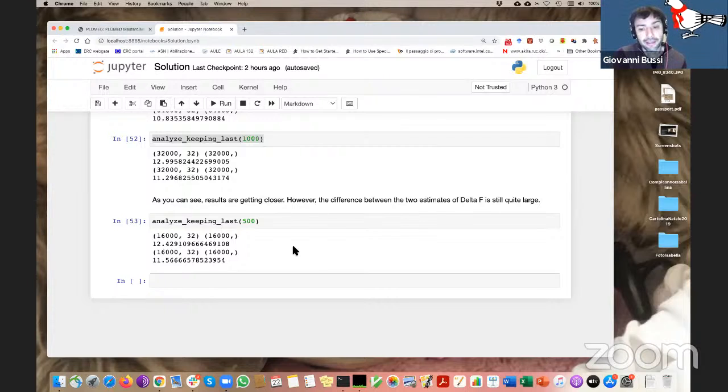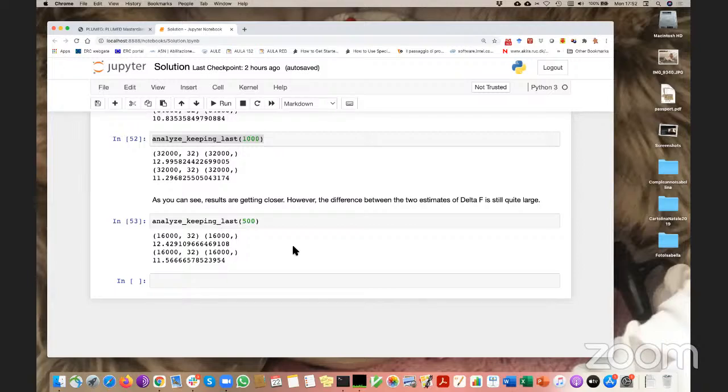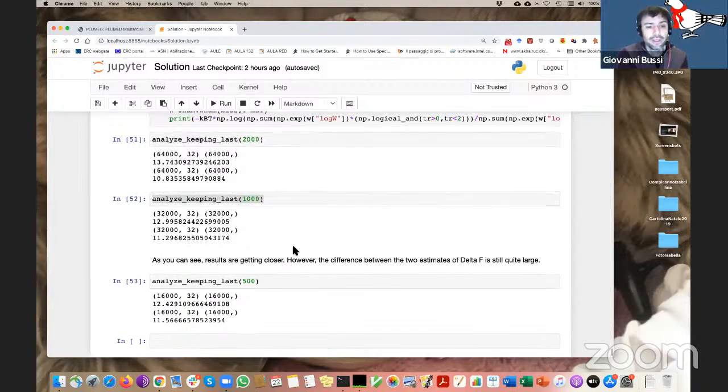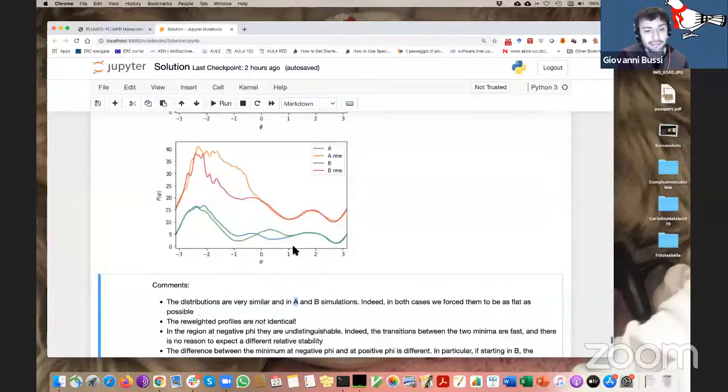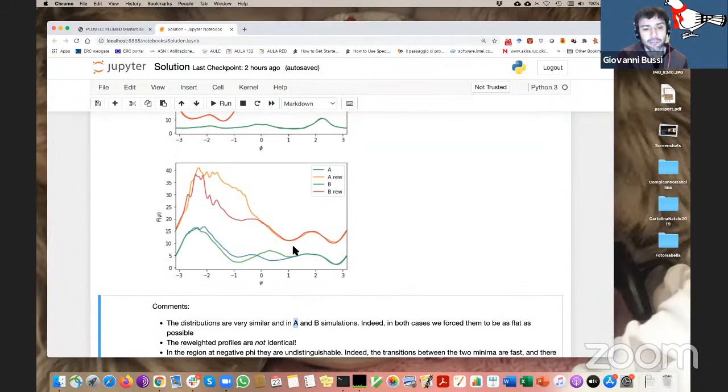So if you do steered MD, then you have a trajectory there. What I did here, I didn't do steered MD, but I just suddenly imposed the restraint. Clearly, I could do steered MD. Still, the result could be different if I start my steered MD from A or from B.